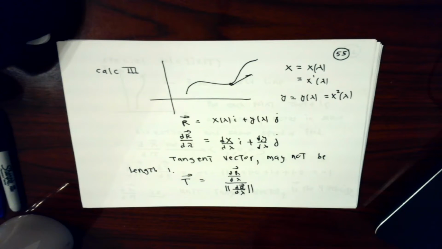In Calculus 3, depending on what the parameter is, dr d lambda might be the velocity vector, or it might not. As long as dr d lambda isn't 0, you can divide it by its length and get the unit tangent vector. In special relativity, this will happen almost automatically if we choose the parameter the correct way.